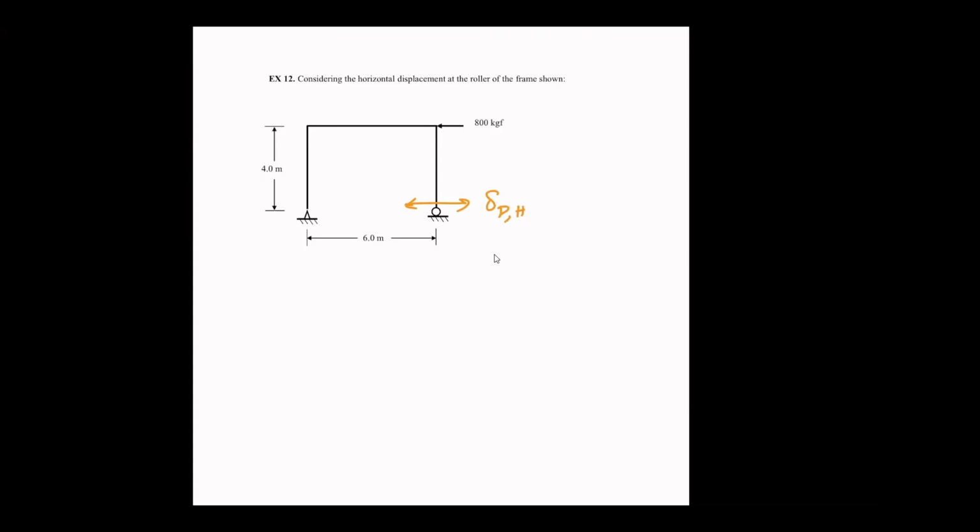And I am asking you to take a look at another frame. Same dimension. But instead, this support becomes a hinge. How are we going to solve this?